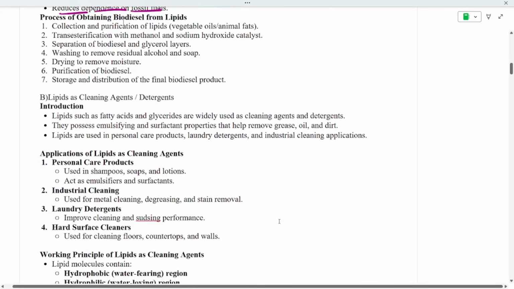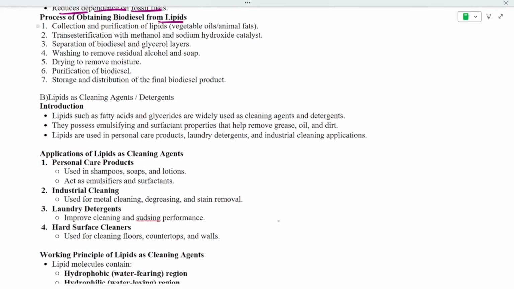Next is the process of obtaining biodiesel from lipids. Now how do you obtain it? First you will be collecting and purifying the lipids, that is vegetable oil or animal fat. Then you will carry out the process called transesterification with methanol and a sodium hydroxide catalyst. Next you will separate the biodiesel and glycerol layers, and wash to remove the residual alcohol and soap.